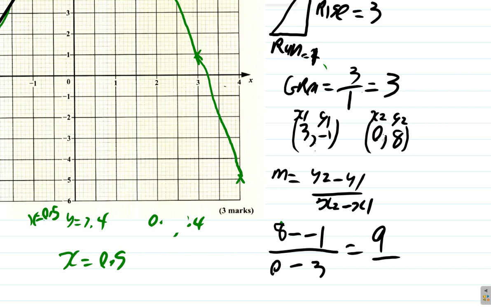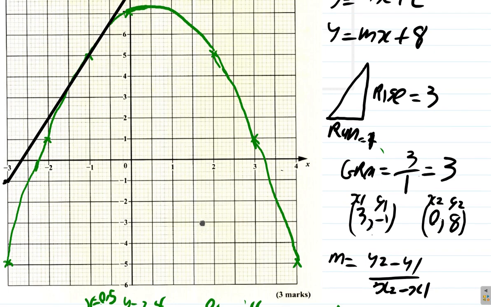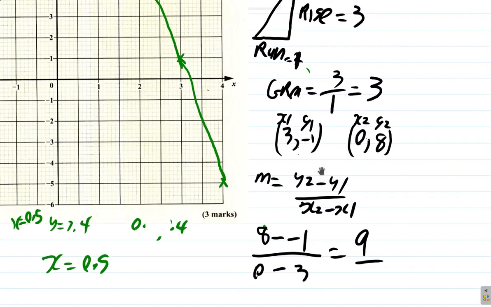Here x1, y1 is negative 3, negative 1, and x2, y2 is 0 and 8.